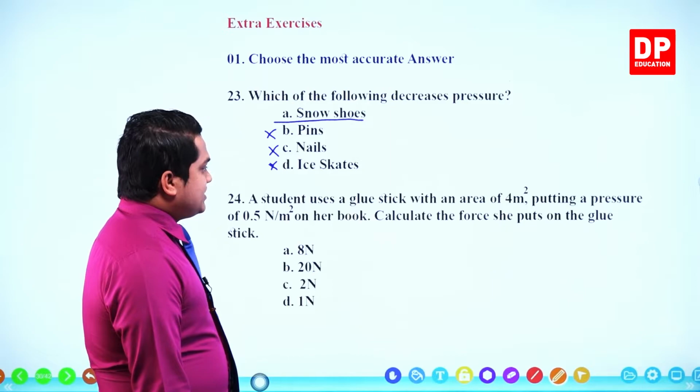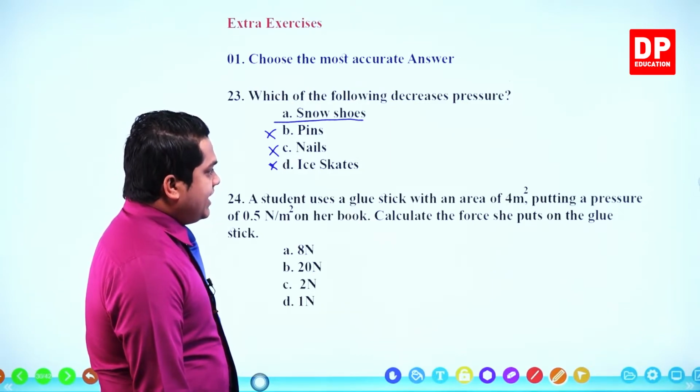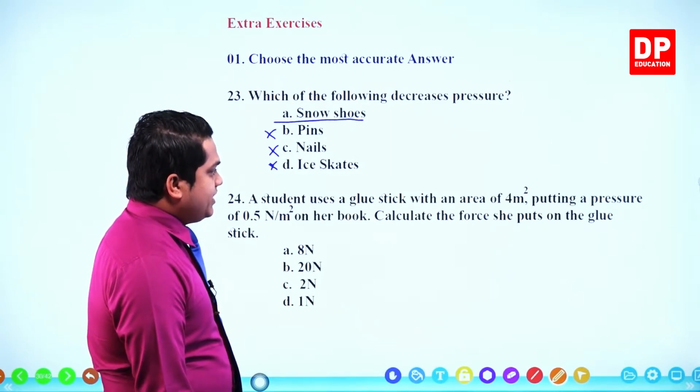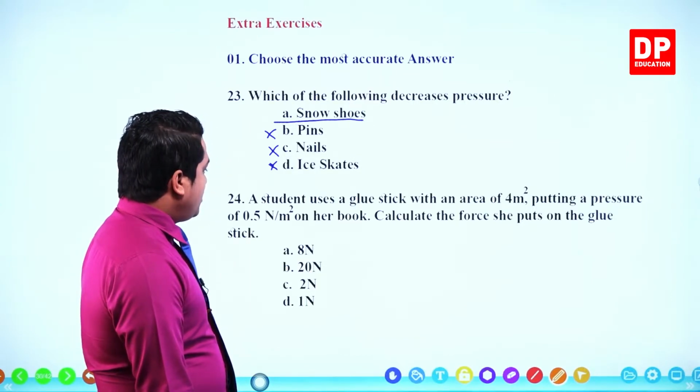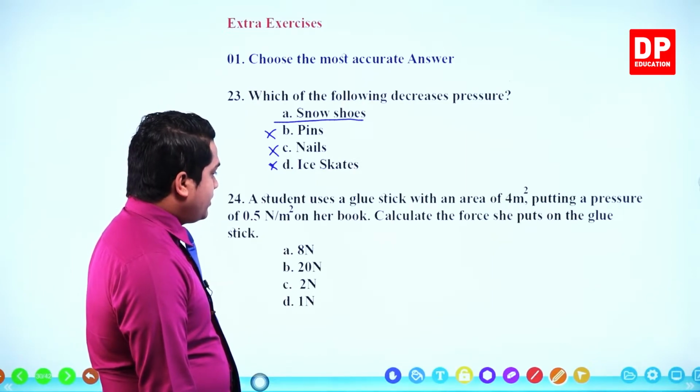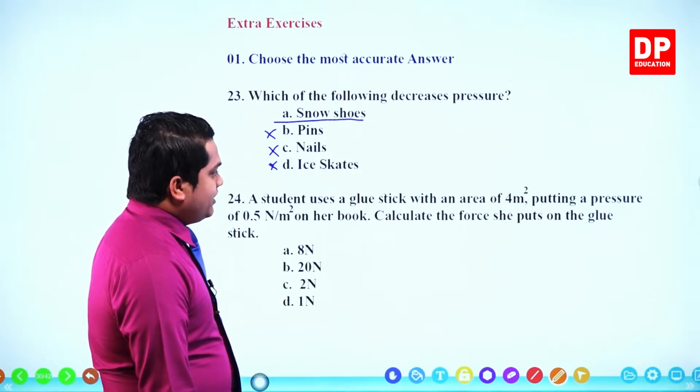A student uses a glue stick with an area of 4 square meters, putting a pressure of 0.5 newtons per square meter on her book. Calculate the force she puts on the glue stick.